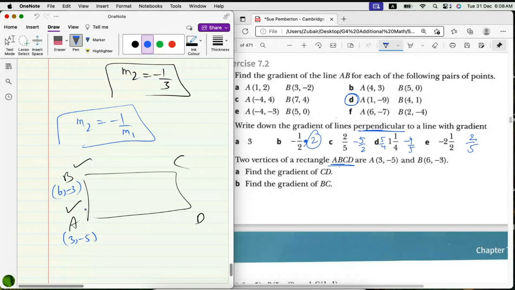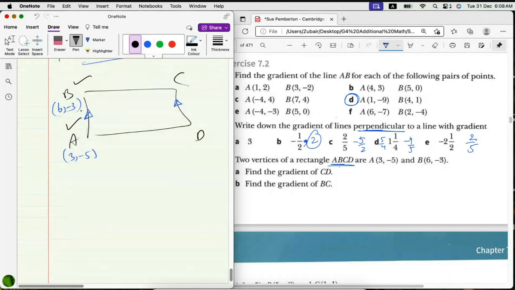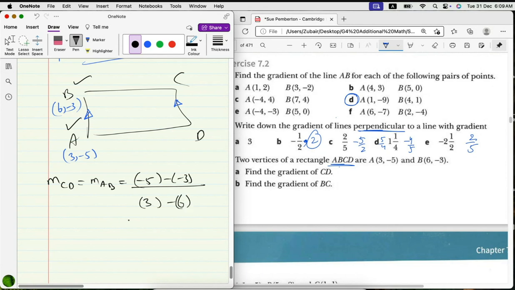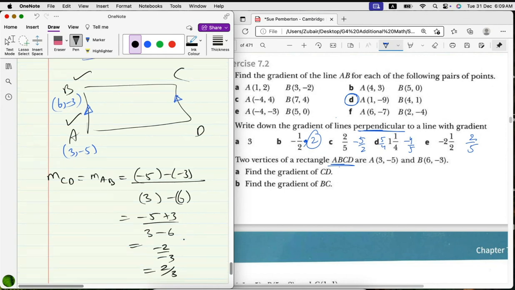Now we know the geometry of a rectangle and we know AB is parallel to CD. So the gradient of CD is exactly equal to the gradient of AB, which is y2 minus y1 over x2 minus x1. Minus 5 plus 3, 3 minus 6, minus 2 over minus 3 is 2 by 3. So the gradient of CD is 2 by 3.